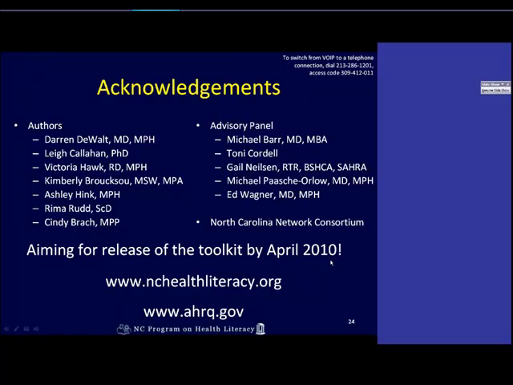But it'll be available on both websites, the ahrq.gov website, which will have a PDF version that will be compliant for accessibility for people with disabilities, and at the nchealthliteracy.org site, there will be a web-powered version of this, both in terms of how you navigate through the toolkit as well as linking to the many web resources that are contained in the toolkit.